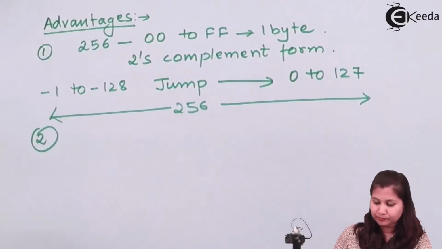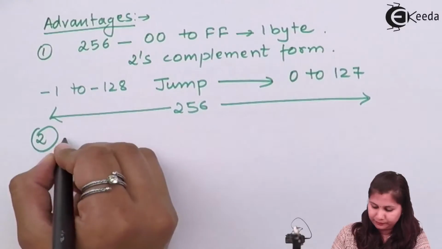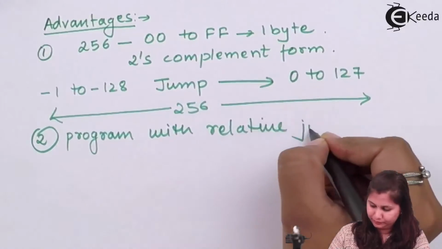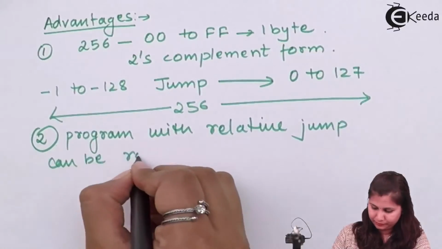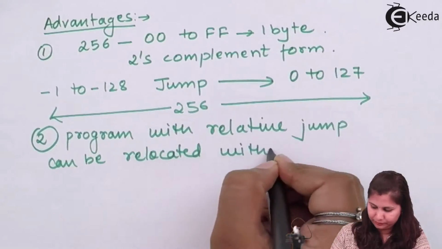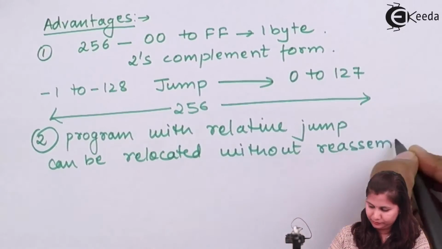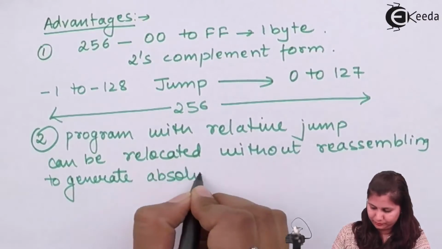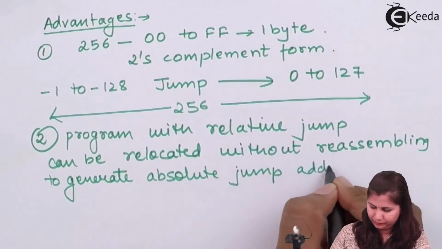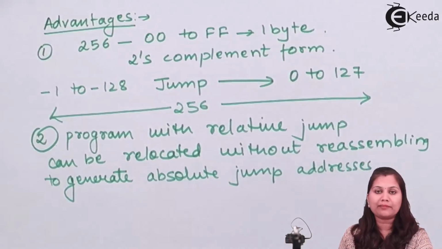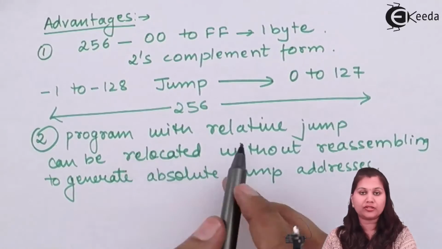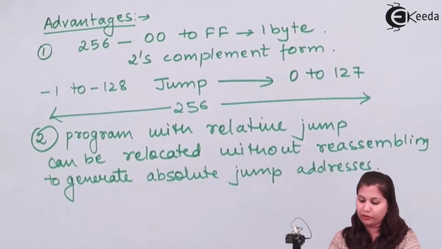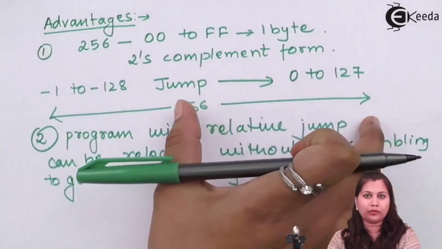Second is that programs in which the relative jump instruction is used can be easily relocated, because we know the range of the program jumping.